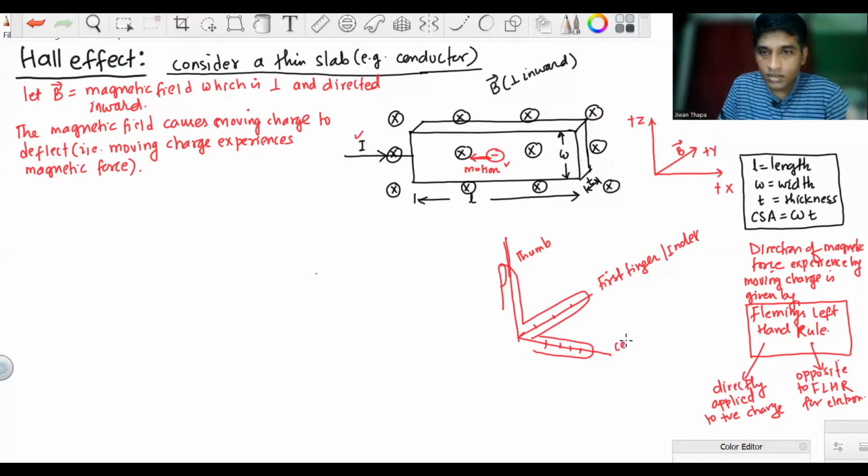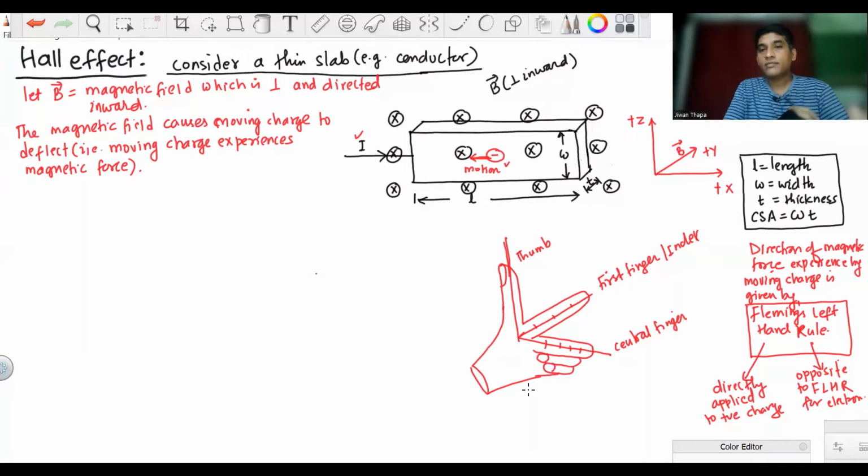So we have this, and we can see they are mutually perpendicular to each other, okay. So we have this.